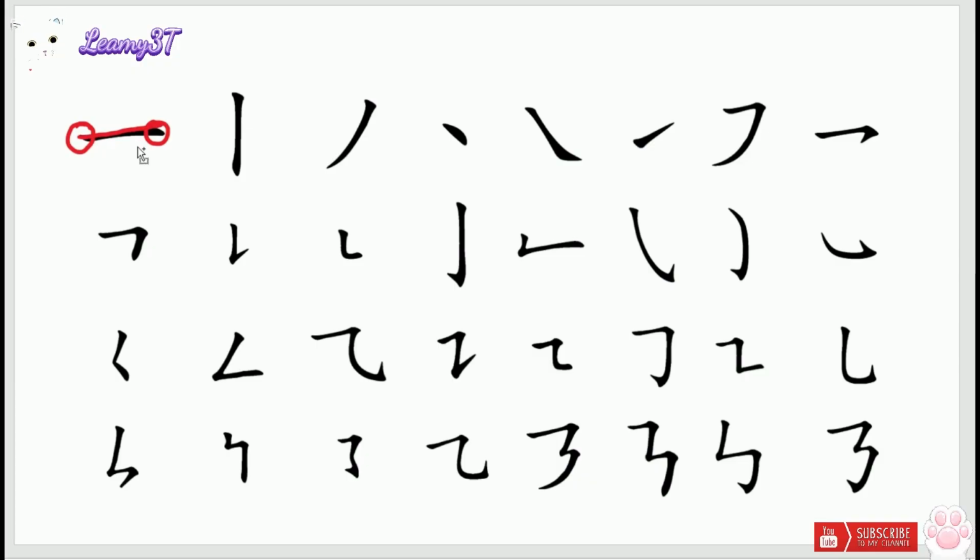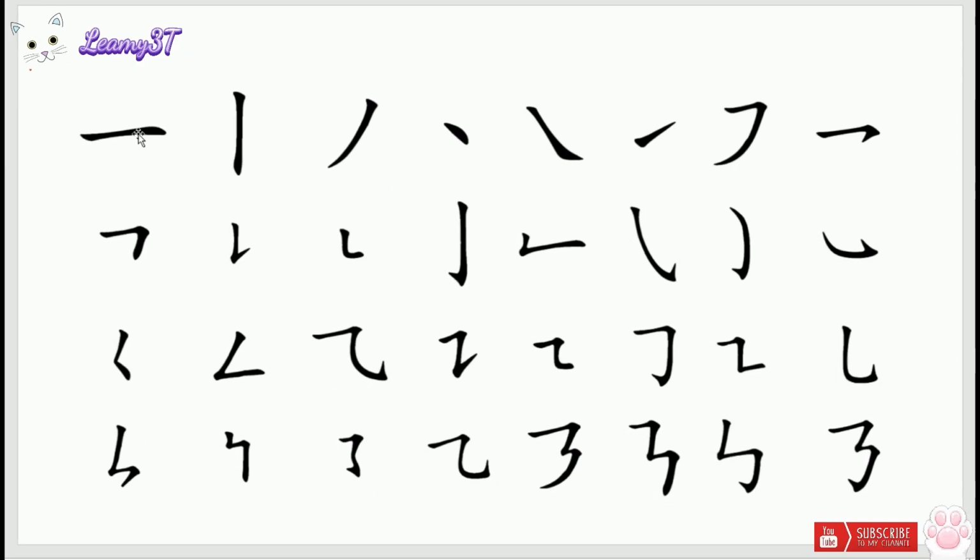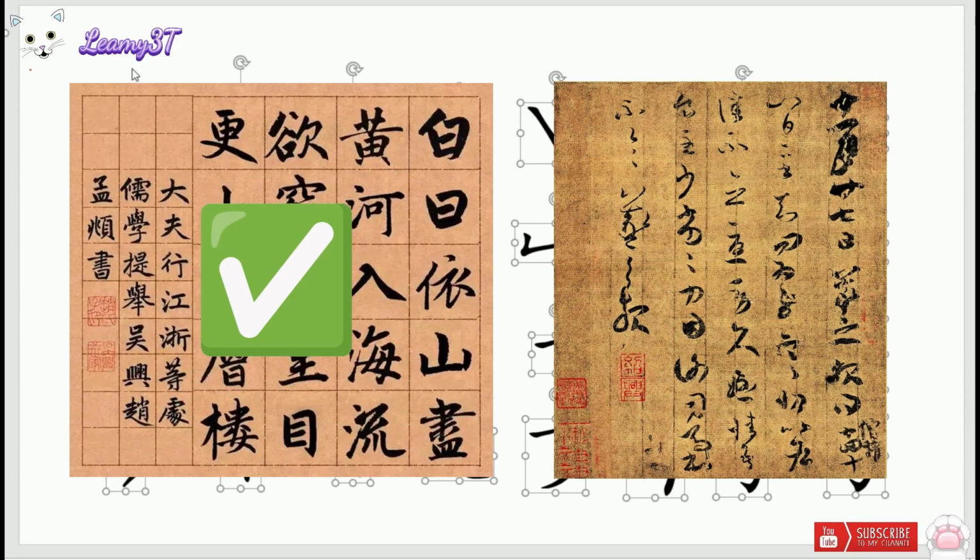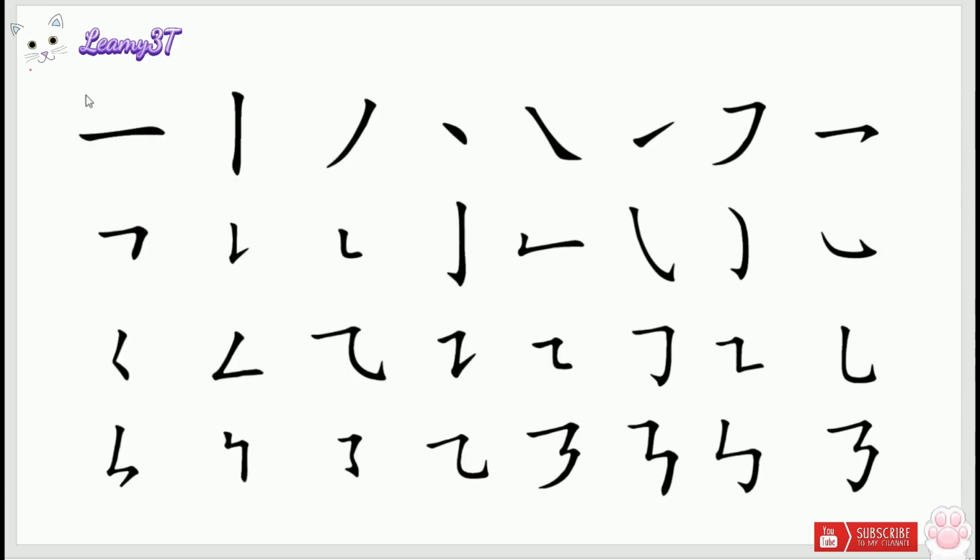There are 32 standard strokes in modern Chinese characters based on the 楷书 style. These strokes form the foundation of learning to write Chinese characters, although 4 of these strokes only appear in specific few characters.